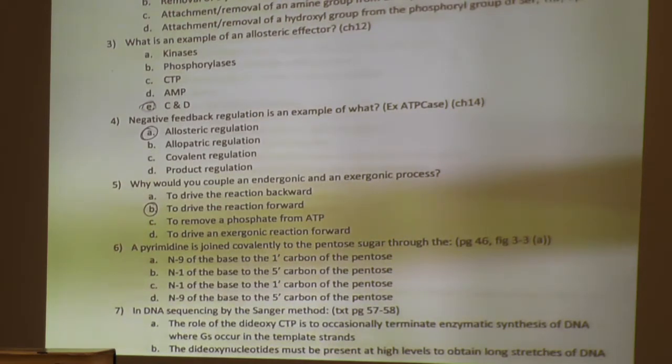Usually you pair a cellular process with the hydrolysis of ATP, which releases a lot of energy. So you can pair that with a very endergonic reaction to drive the reaction forward. It won't be favorable if you pair a very large endergonic reaction with a very small exergonic reaction.